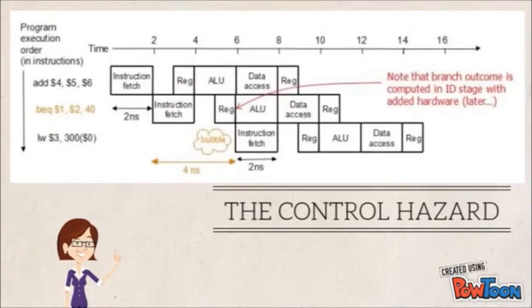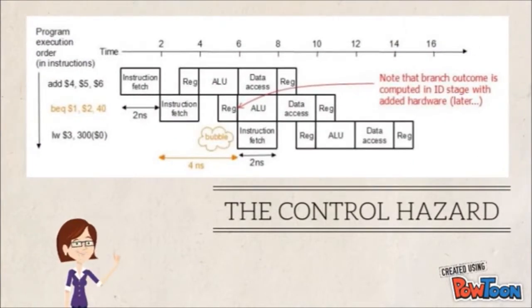The next one is about the control hazards. The control hazard is when the location of an instruction depends on the previous instruction, and the solution is to stall the pipeline, based on the figure above.